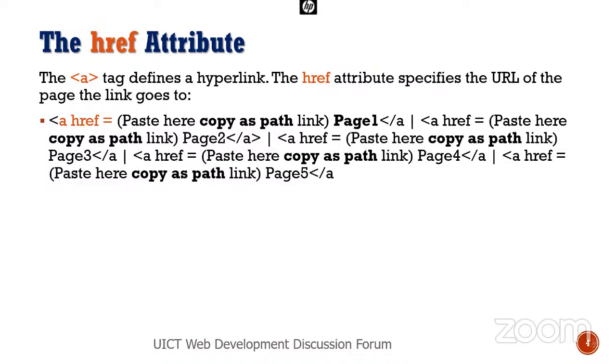Then you include that particular page you want to have that link. Then you close the tag. You open and put. I know here I missed closing the tag. I think you can observe that.